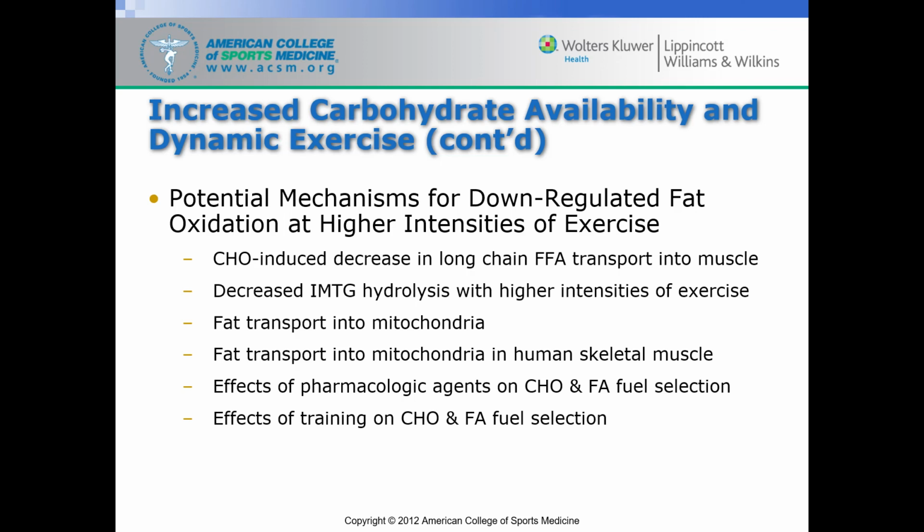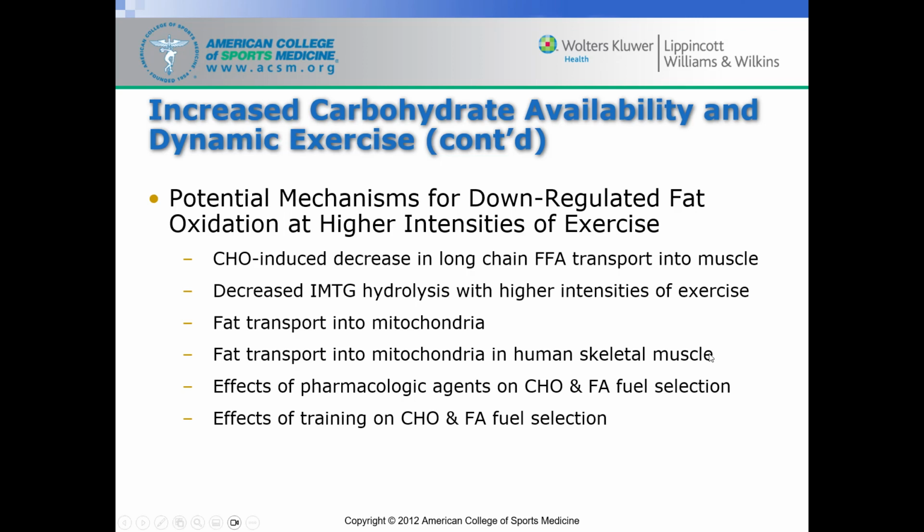Also, the fat transport into the mitochondria is reduced, human skeletal muscle in particular. And there are effects of pharmacologic agents on carbohydrate and fatty acid fuel selection that play a role. And also the level of training you have can help dictate if you're using more carbohydrate or fatty acid as fuel.